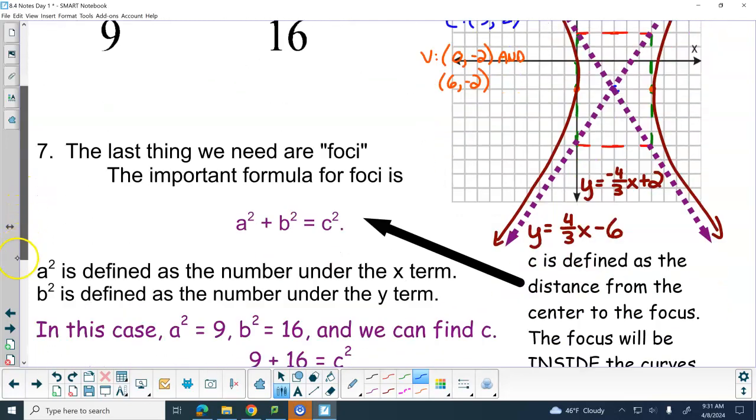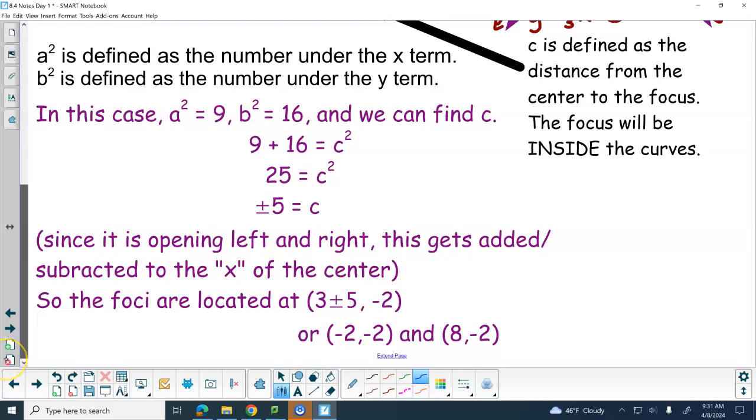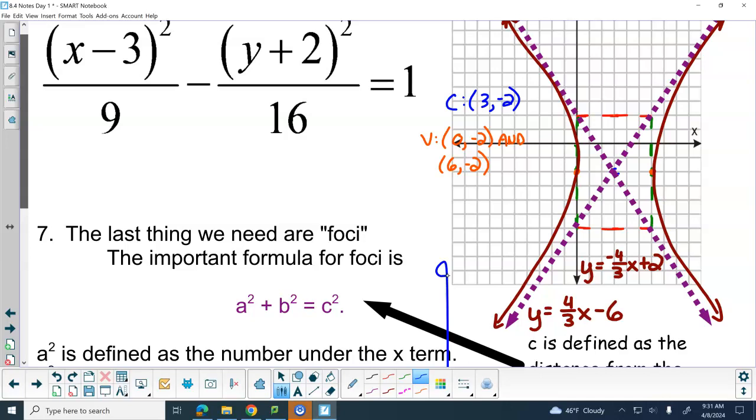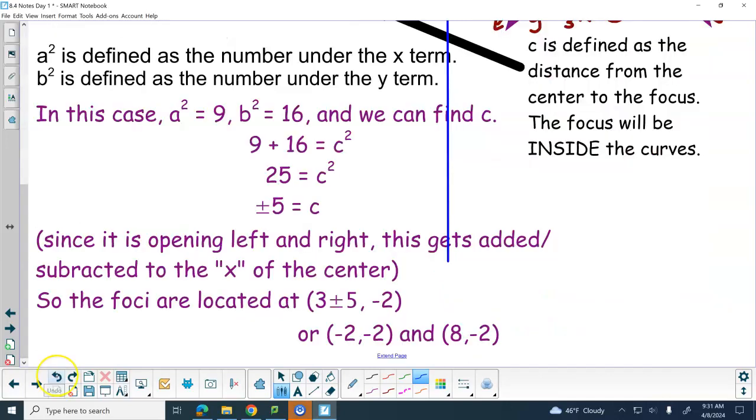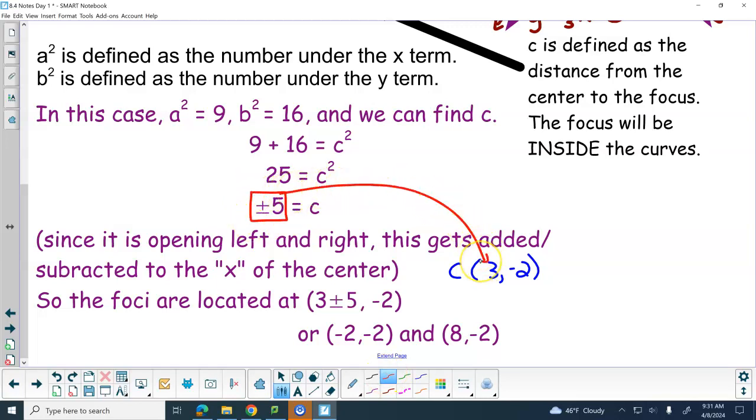Since the center is at 3, -2, and it's a left and right opening, we're going to add and subtract this 5 to the x part of our center. So the foci are at 3 + 5, which is 8, -2, and 3 - 5.